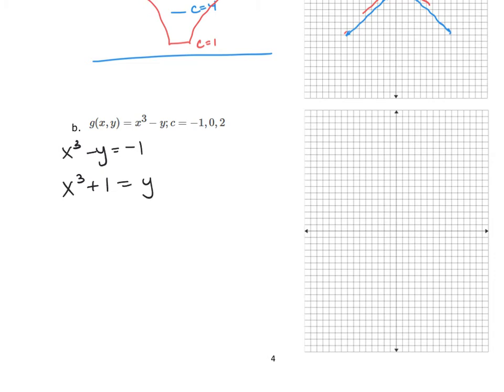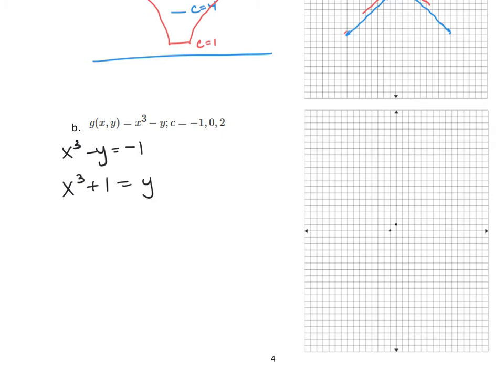So this is a cubic function, and I don't think I have any turns. I'm not really certain where I'm crossing the x-axis, except if I put in 0 for y, that will be my x-intercept. To get an idea of what this looks like, I'm going to cross at 1 on the y, because that would be my y-intercept if I put in 0. And then my x would be -1.